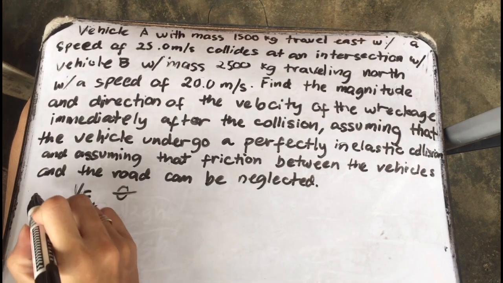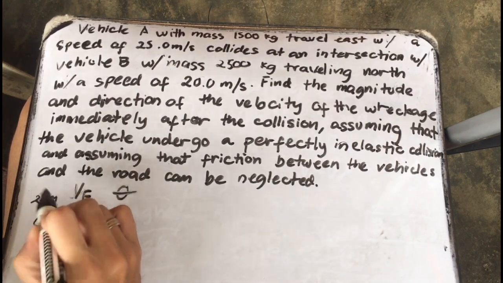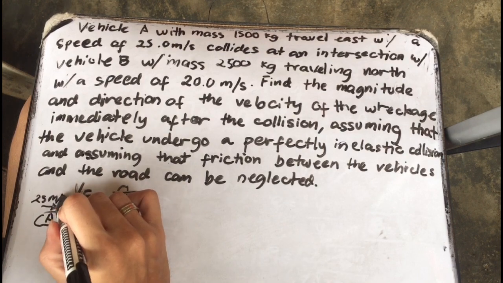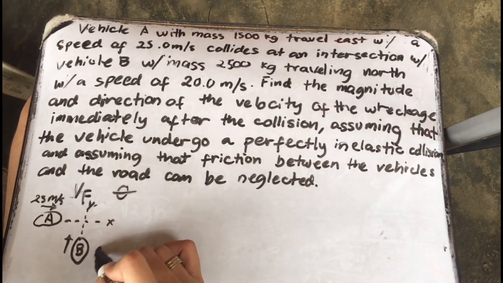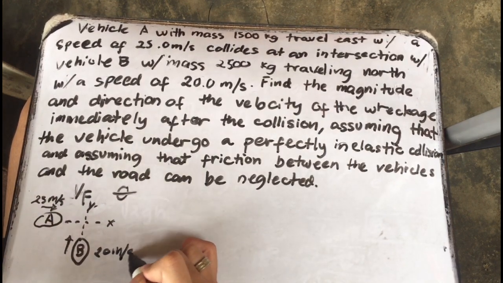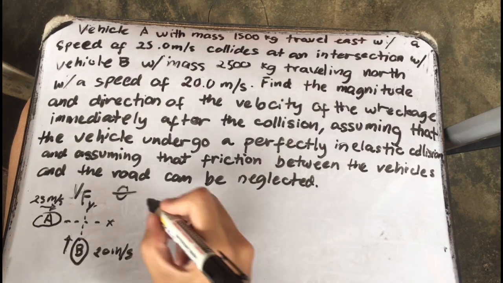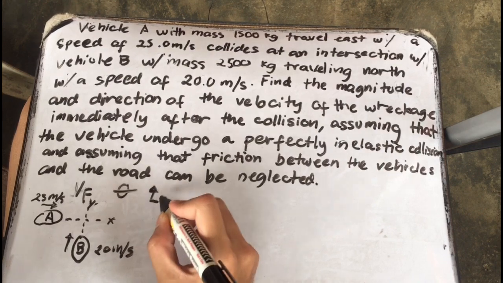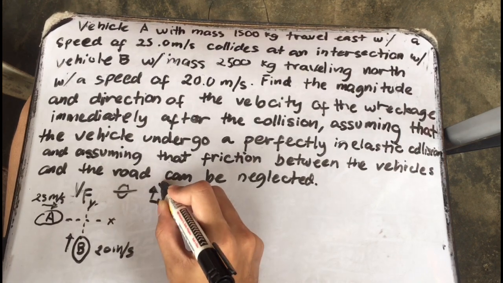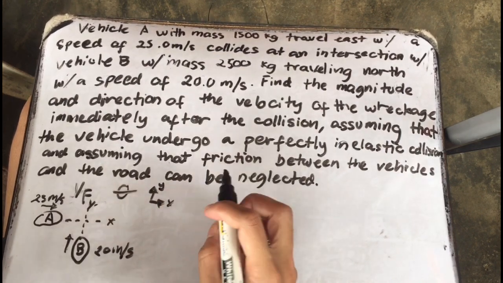Assuming that the vehicles undergo a perfectly inelastic collision and assuming that the friction between the vehicles and the road can be neglected. So, ang hinahanap natin ay final velocity at yung angle.